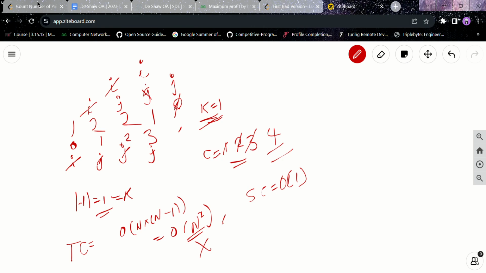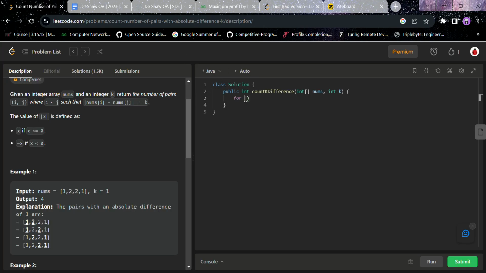Okay, first of all, let us discuss the code. We'll run a for loop with i equals 0, i less than nums length, and i plus plus. Now we'll run another for loop for j from i plus 1, j less than nums dot length and j plus plus.